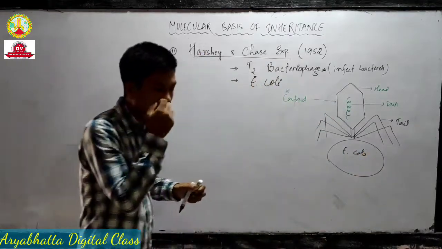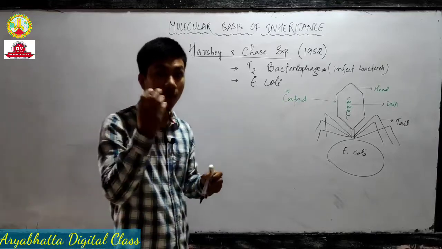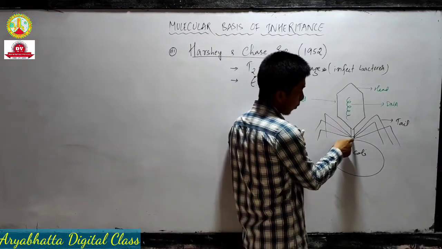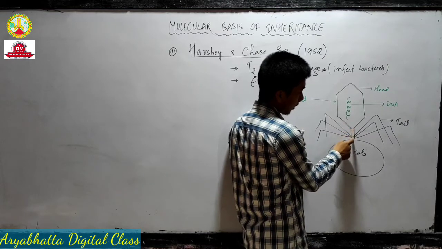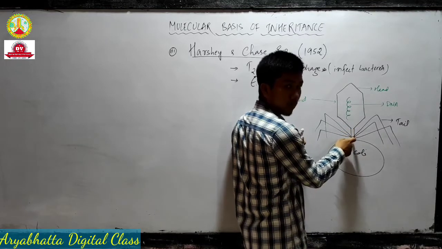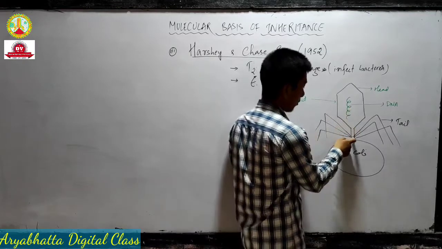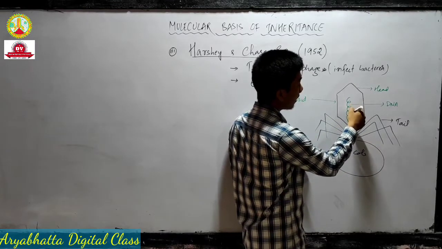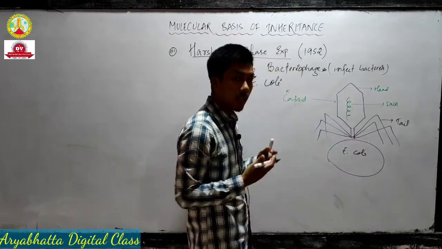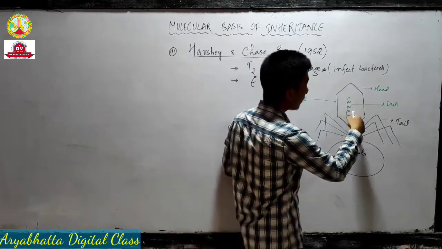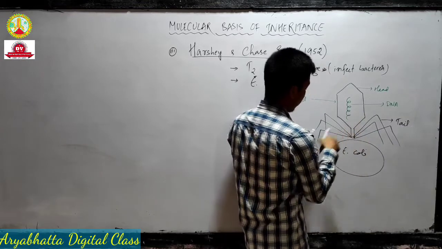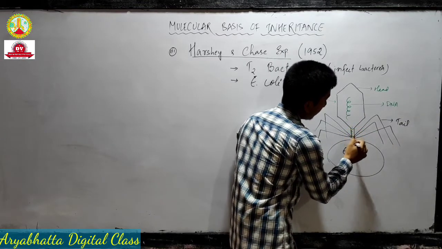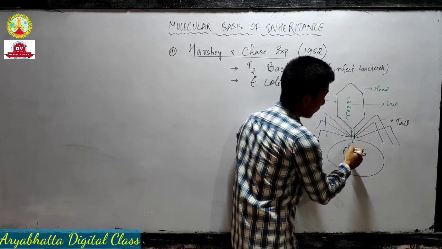Now when this virus infects E. coli, what do they do? Through these pores, can you see these pores? Zoom in on these pores. Through these pores, they inject their nucleic acid, that is DNA. They will inject their DNA inside the bacterial body.